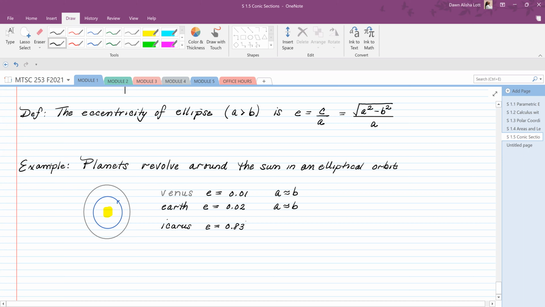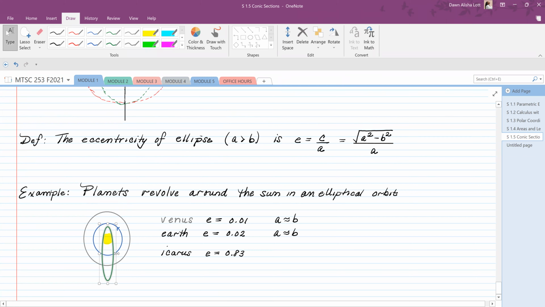So it travels more like this. Okay, so it travels more like that.